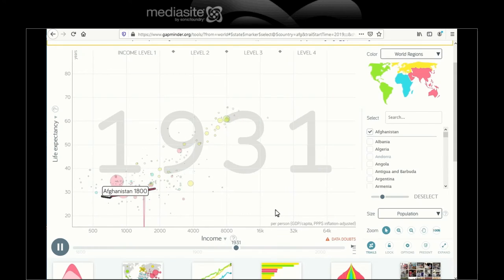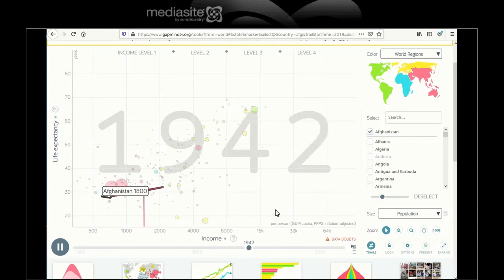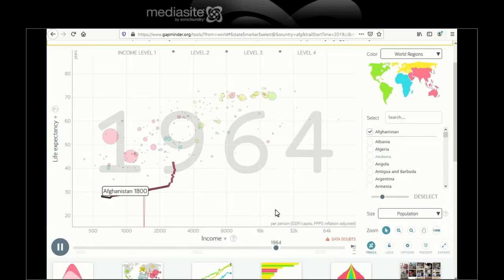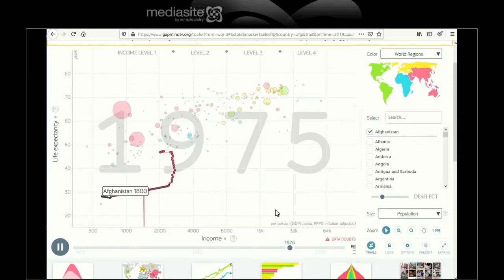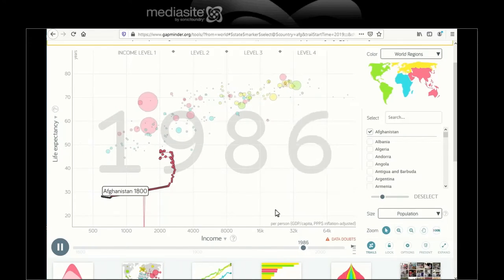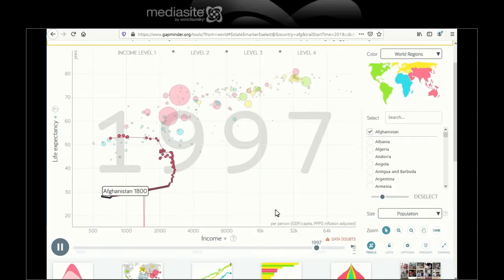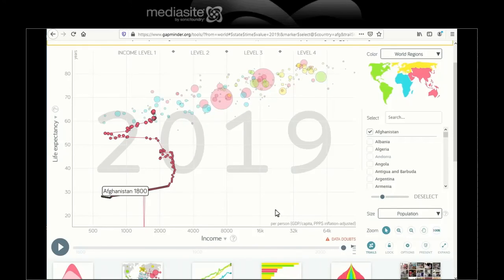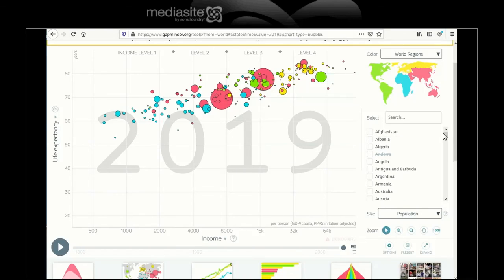Oh, they had a big dip back in 1800, or whatever that year was. Ooh, it's bouncing all over the place. Okay, let's try the United States.